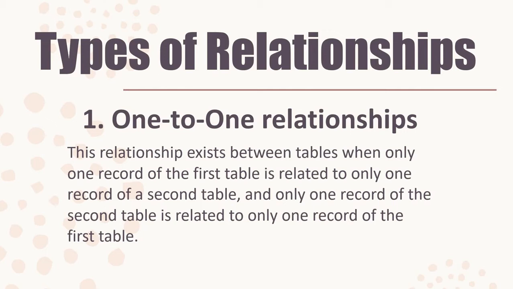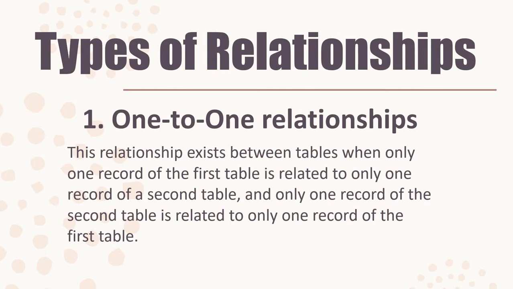Naintindihan nyo ba yon? Okay, kapag daw merong dalawa or higit pang table na magkakakonektado ang data sa isa't isa, ibig sabihin merong dyang relationships. Okay, the three types of relationships, of course, the first one is the one-to-one relationship, one-to-many relationship, and many-to-many relationship.